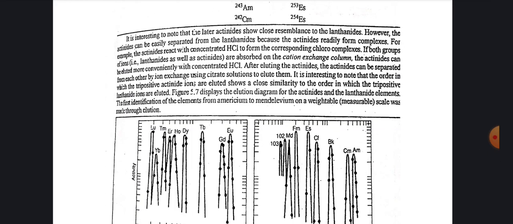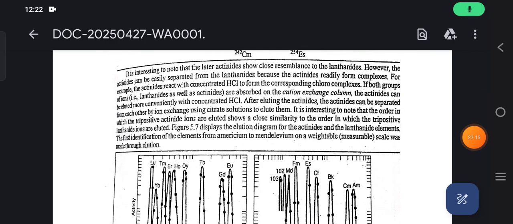It is interesting to note that the later actinides show close resemblance to the lanthanides. However, the actinides can be easily separated from the lanthanides because the actinide ions are absorbed on a cation exchange column. The actinides can be eluted from the column, more conventionally with concentrated HCl.